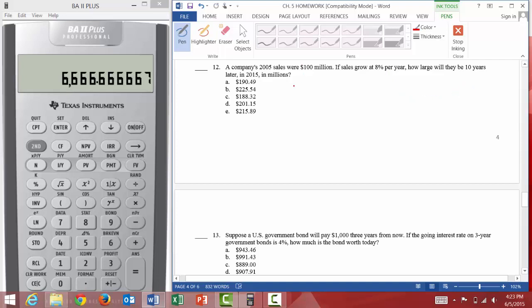So right now, the present value is that their sales are 100 million. It says the rate they're growing is 8% per year. And how large will it be 10 years from now? So N is equal to 10. We don't have a payment here, and we're solving for the future value.